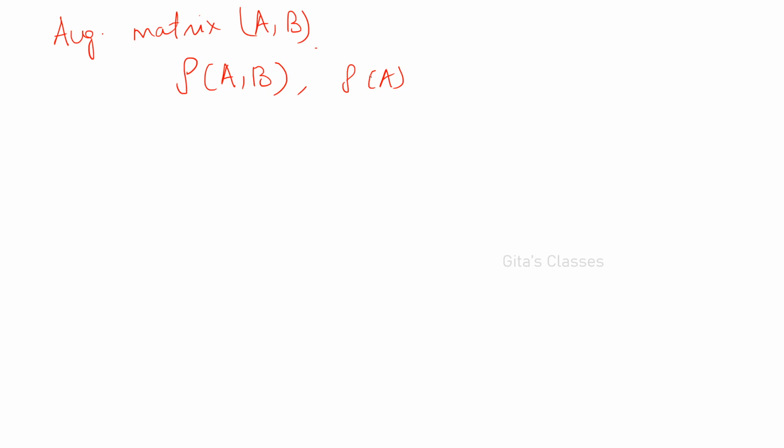If rank of A comma B is equal to rank of A, then they are consistent. The given system of equations may be consistent or inconsistent, right? When will you say that it is consistent? If rank of A comma B is equal to rank of A, then it is consistent.